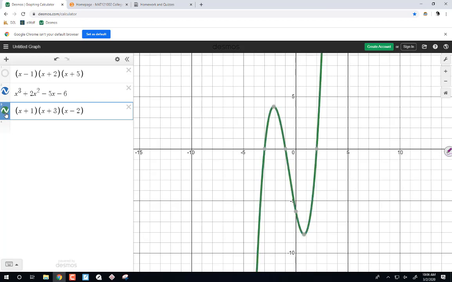So you can see that, maybe not on that other board, but hopefully from here, that they're exactly the same function. Nonetheless, here's an x-intercept at -3, corresponding to this factor. Here's an x-intercept at -1, corresponding to this factor, and our x-intercept at 2, corresponding to that factor.